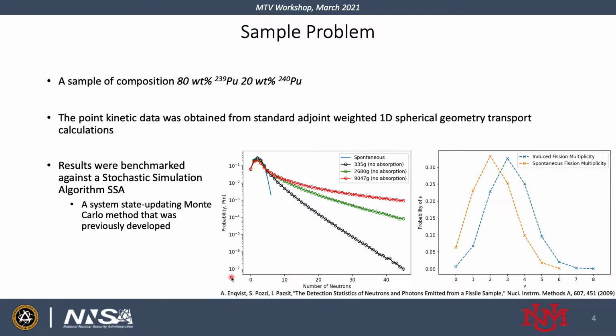We're working on getting this published, so for those of you who are interested and want to read more, we'll have a paper on this soon. Now, what you see on the bottom right here is a plot from work that's been previously published that we were able to reproduce using the SSA method, and to the far right is the multiplicity data used for the simulation.